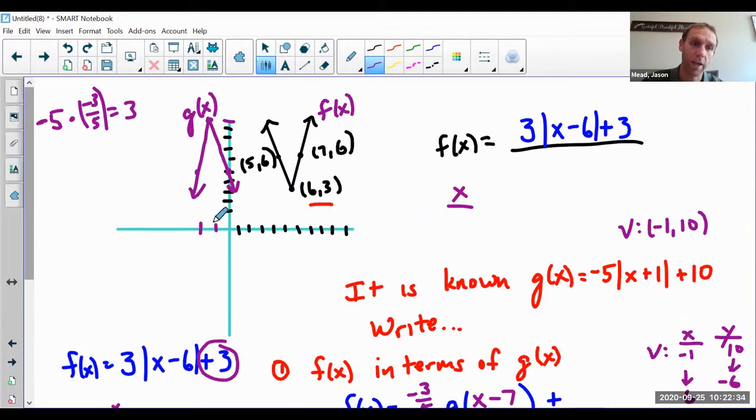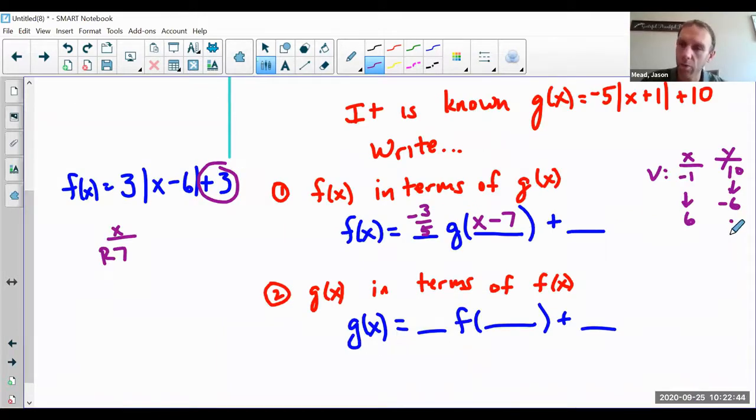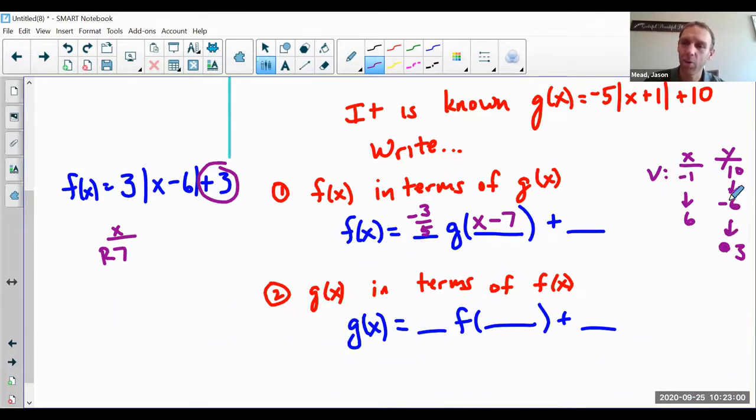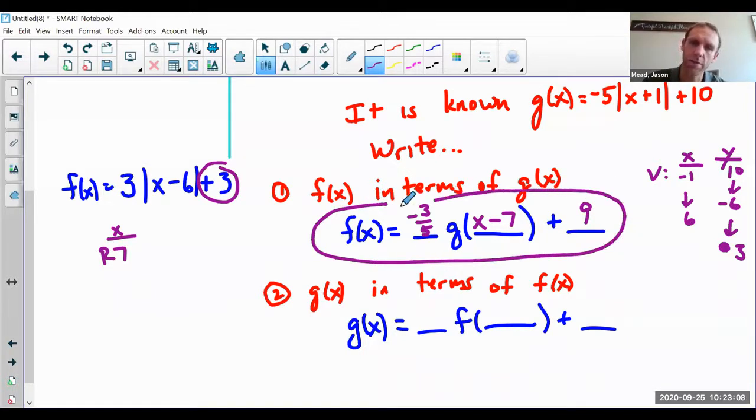When I multiply by negative 3/5, now it's down here at negative 6. How do I get negative 6 up to 3? I have to add 9. So the first thing I do is multiply by negative 3/5, and then from what I get, I have to add 9. So this would be writing f of x in terms of g of x.